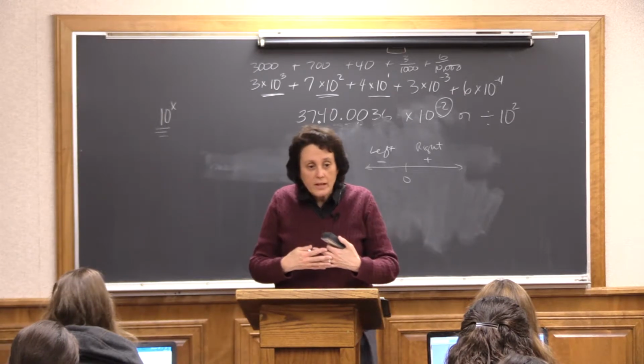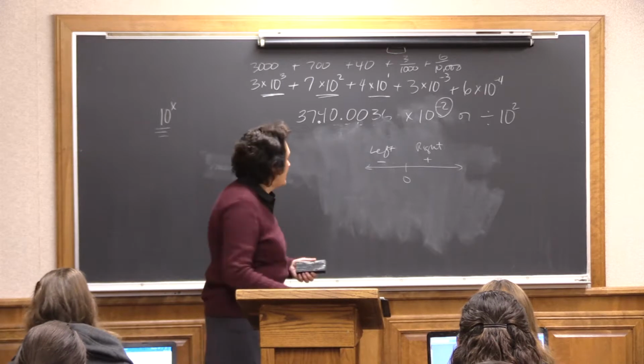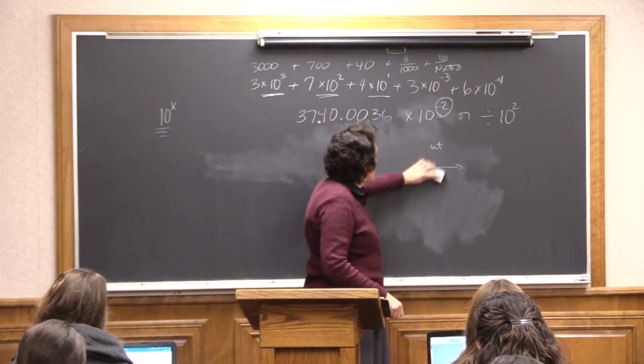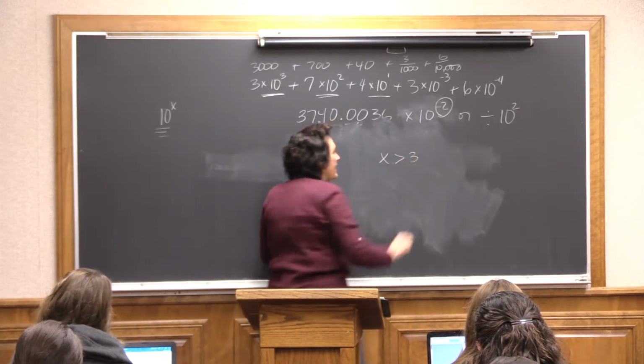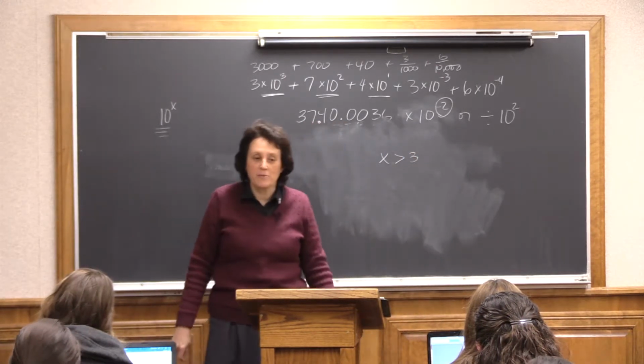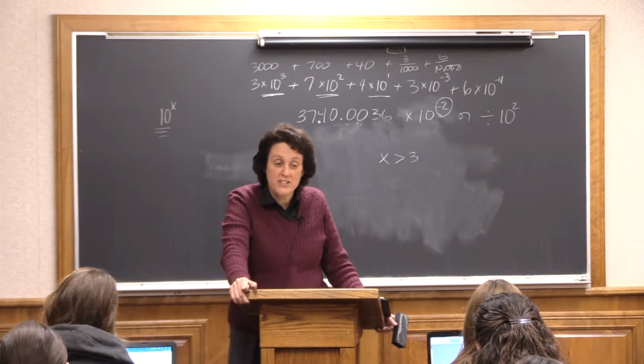Okay? Even in 7th grade, when we start doing a little bit of number lines in the pre-algebra section, x is greater than 3. And I'll have 7th graders and even 9th graders ask me, which way do I shade?